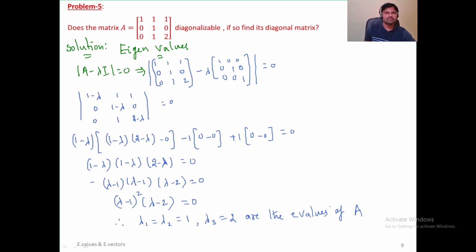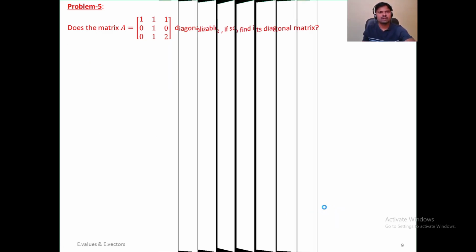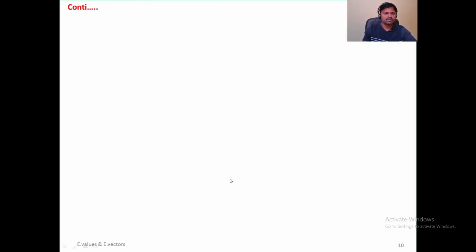Okay, then come to the algebraic multiplicity of each and every eigenvalue. So first eigenvalue 1. For this I want to find algebraic multiplicity and geometric multiplicity.